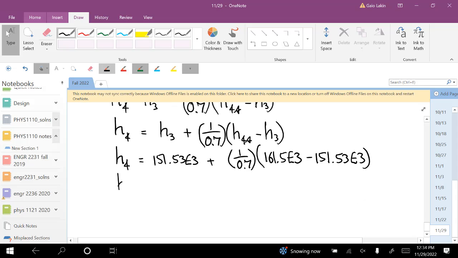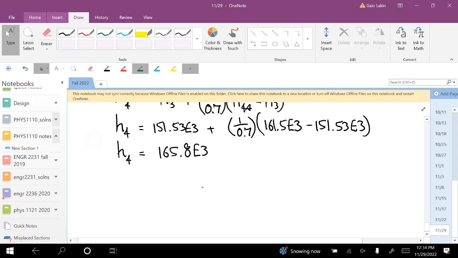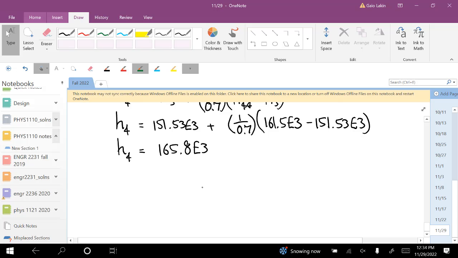And you get H4 is equal to 165.8 times 10 to the third. And now we can just plug in whatever enthalpies we need for the different calculations.